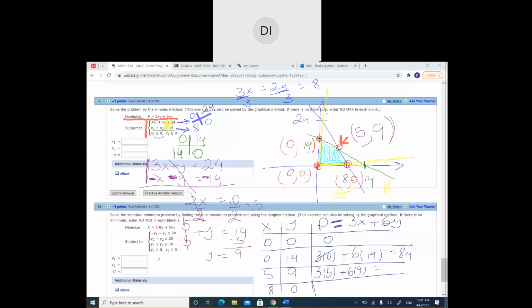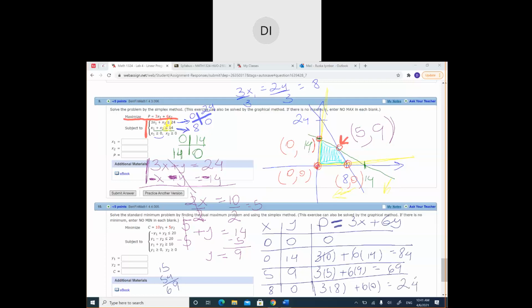I'm going to do it here on the side: 3 times 5 is 15, 6 times 9 is 54. When I add 54 and 15, it's going to be 69. So this is 69. And then 3 times 8 plus 6 times 0 is 0, and that gives me 24.